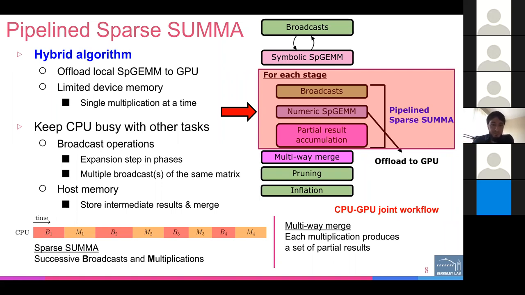The host memory is used for storing the partial results produced by the GPU. At the end of the sparse SUMMA, these results are merged to get the final results. We associate this task with the CPU because it requires a lot of memory to store the partial results.